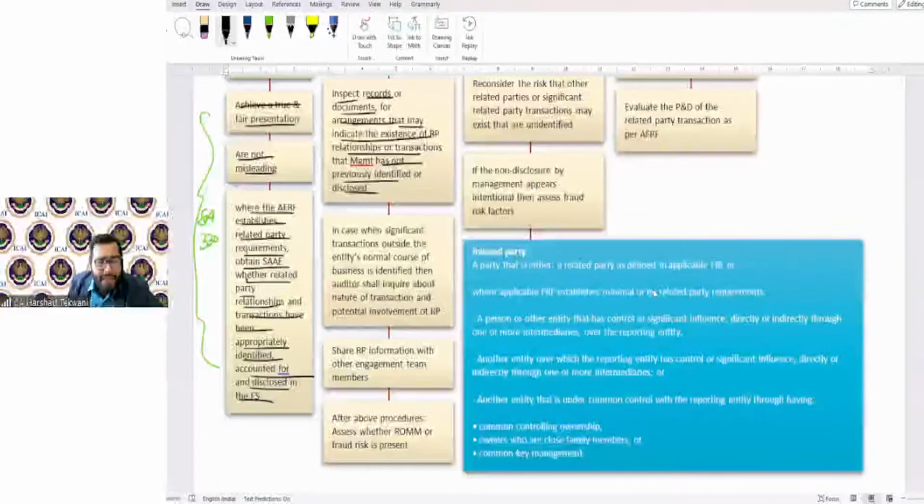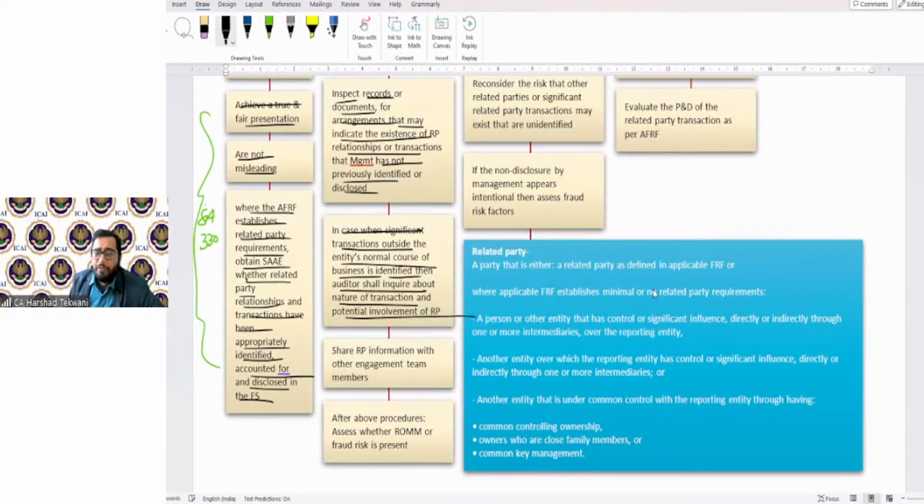When a significant transaction outside the entity's normal course of business is identified, the auditor shall inquire about the nature of the transaction and the potential involvement of related parties. Let's say there is a normal course of transaction, and now you have come across a transaction which is outside the normal course of business.